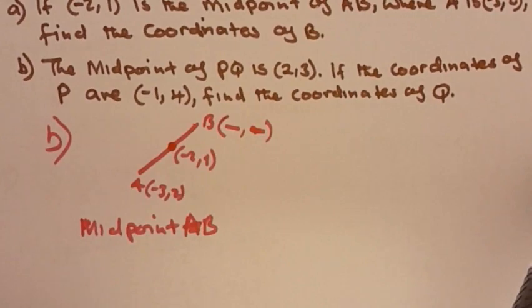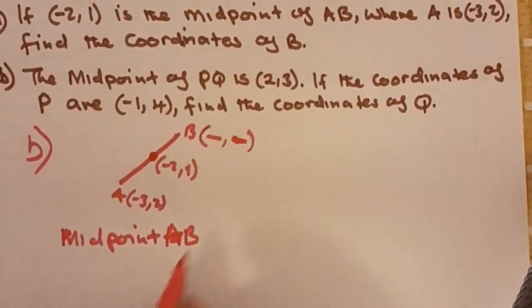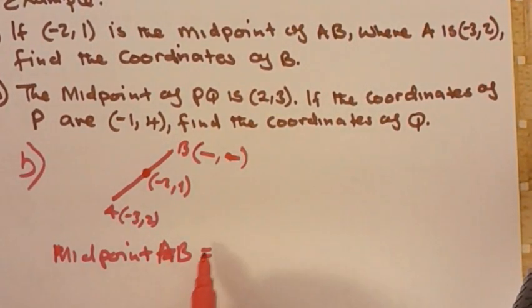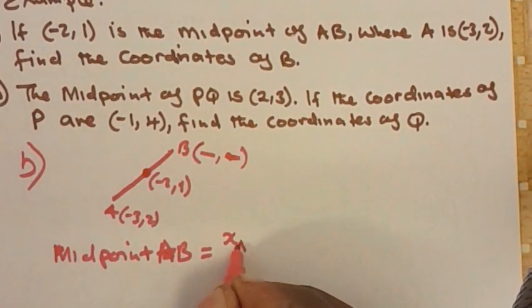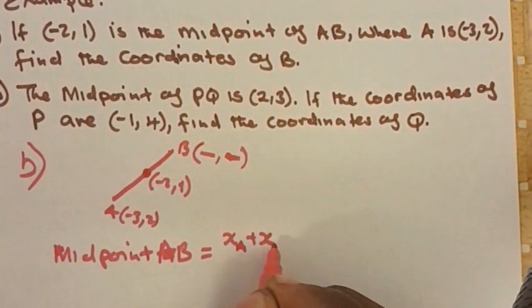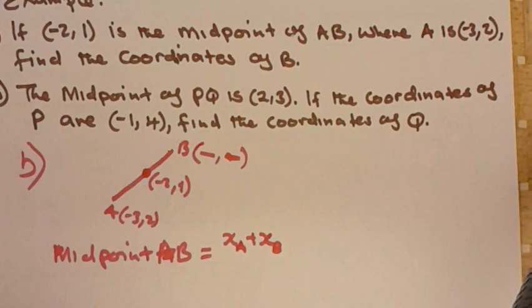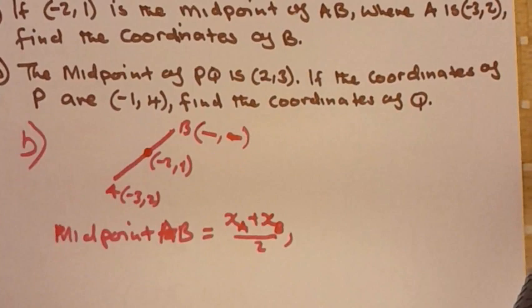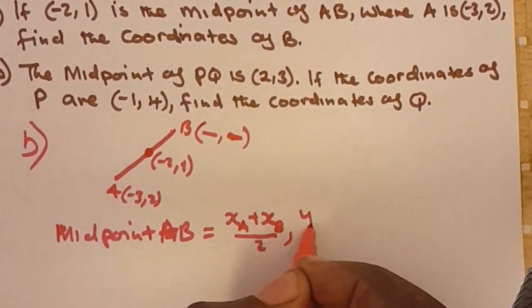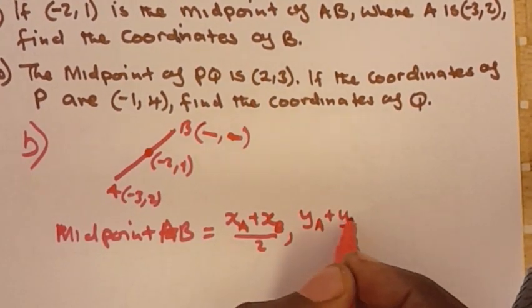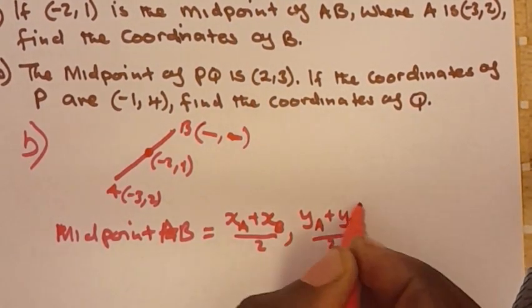Midpoint of AB is equal to, because we are looking at A and B, we are going to say X in A, with a subscript A, plus the X in B, with a subscript B like that, divided by 2, comma, Y in A plus Y in B divided by 2, and then in brackets.